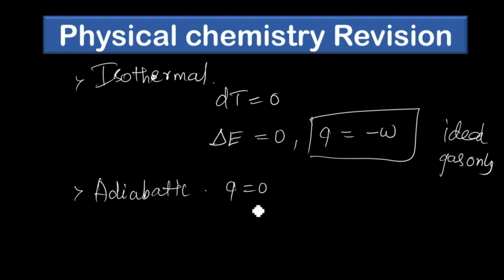Then the second process, that is the adiabatic process, where Q is equal to 0, then delta E is equal to W. Right? The internal energy is used up as work done by the system. If work is done on the system, then the internal energy will get increased.